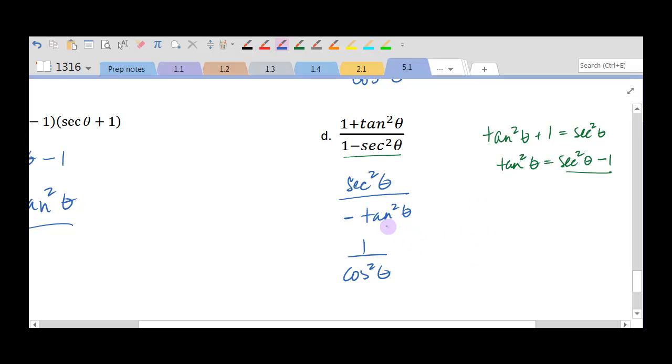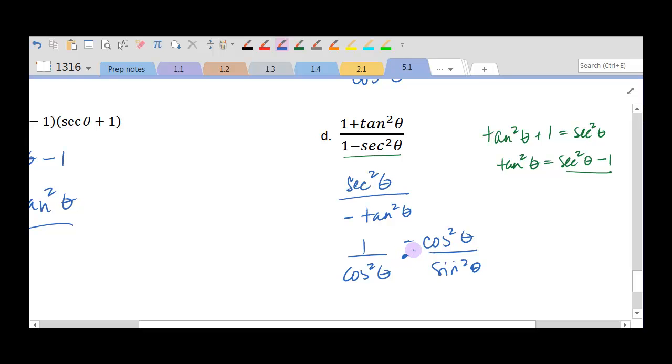Tangent squared theta is sine over cosine, but because I'm dividing by tangent, I multiply by the reciprocal. In other words, this becomes cosine squared theta over sine squared theta, and it was a negative.